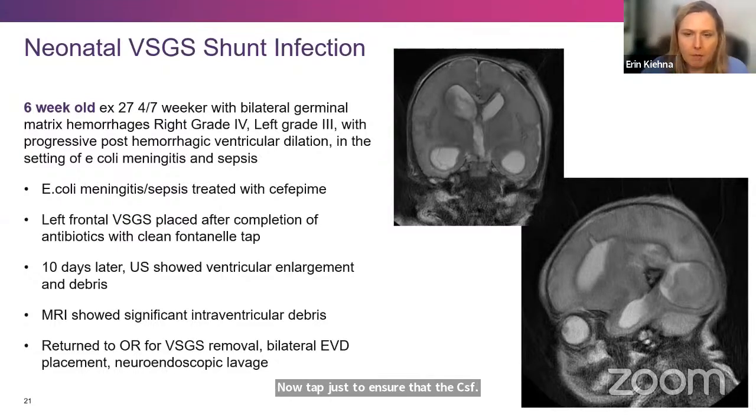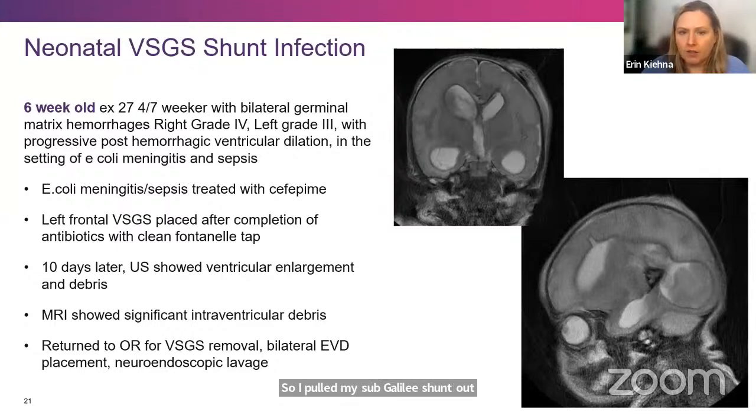I actually did one single fontanelle tap just to ensure that the CSF was absolutely clean. And then put my subgaleal shunt in, and 10 days later, the ultrasound showed ventricular enlargement and debris, and the MRI, as you can see, shows significant debris. And so returned to the OR for VSGS removal, and this was actually all purulence in the ventricle. So I pulled my subgaleal shunt out and washed out.